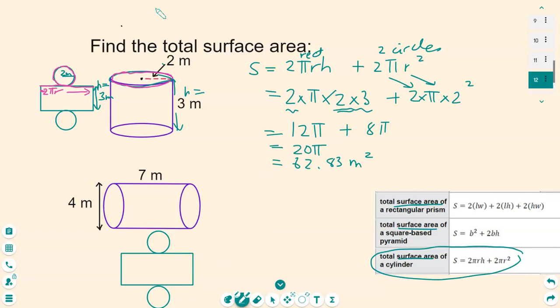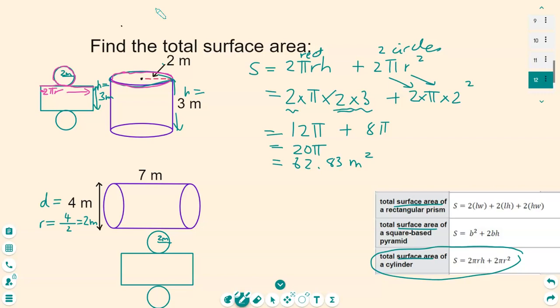Now here, what do we notice compared to this one? We were given radius before, but here we are given the diameter. To get the radius, we need to halve the diameter. Now that's important. So on your net, maybe you just want to include the diameter.